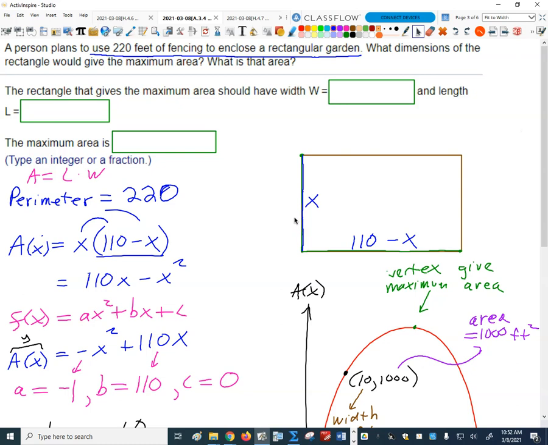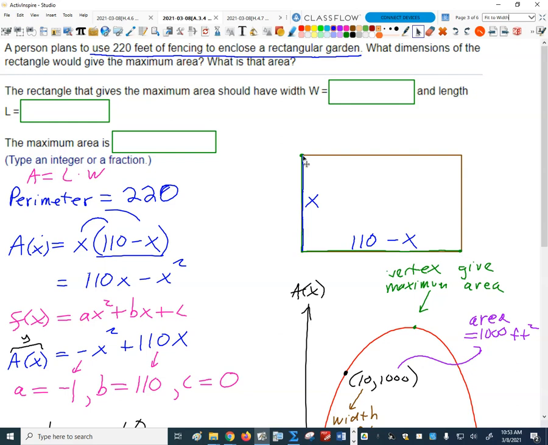And then we reasoned that the area of a rectangle is just the width times the length, right? And we had to come up with an expression for the length then. Well, we knew that if the perimeter was 220 feet, then the distance halfway around the rectangle, as it's drawn here from the upper left to the bottom right, would be half of the total perimeter. That's 110.